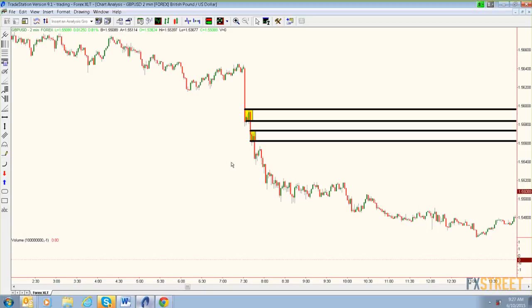Okay, so there you go. To find a shorting opportunity, we had to come down to a pretty small time frame. So again, I think the bigger picture play is that buying opportunity.